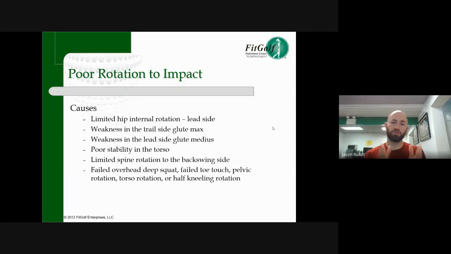Those failing the deep squat test and toe touch test lead to postural instability. And when we start lifting in the golf swing, we stop rotating. So while those tests don't look rotational, they affect it very much. And then, of course, the pelvic rotation and torso rotation tests are a little bit easier to grasp in how they would affect the ability of your golfers to move their lower body well and turn their lower body well in the downswing.